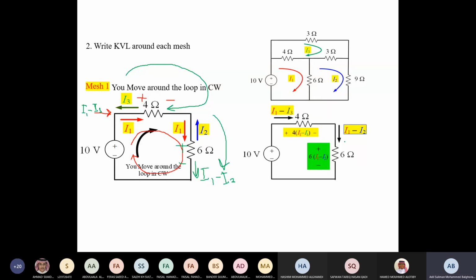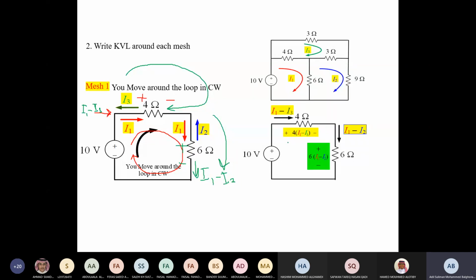Okay, as we agreed before, when we flow with the current and come to a resistor, we make it a voltage drop. Why? If you make it a voltage drop and you are assuming voltage drop is positive in the KVL, the current that is entering over here with this polarity, I don't need to change the sign.